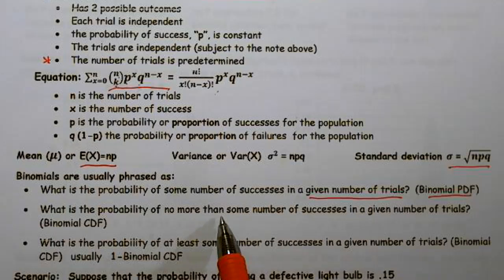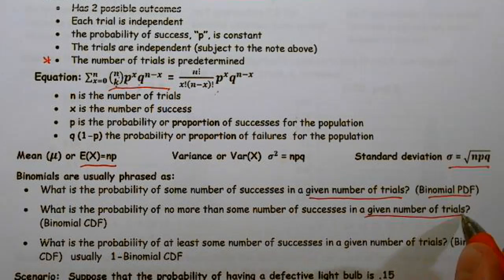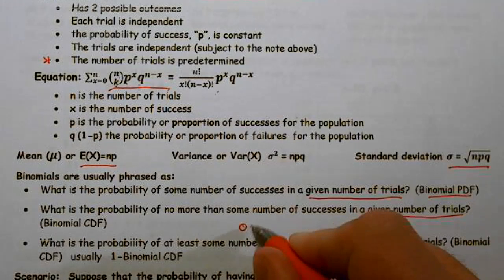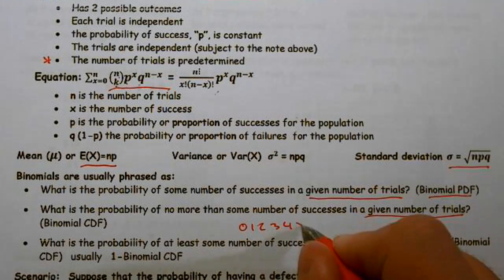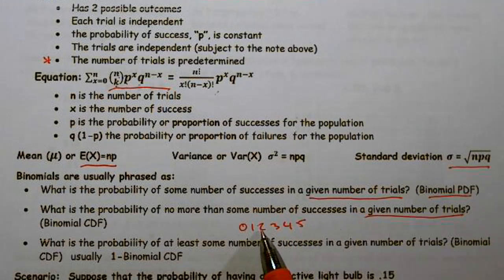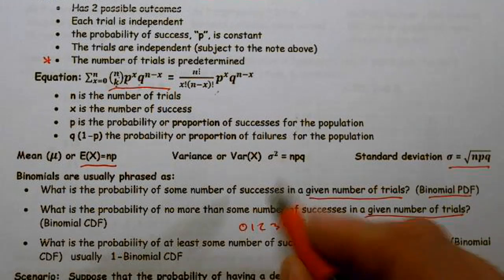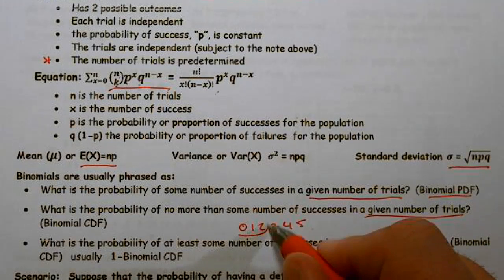What is the probability of no more than some number of successes in a given number of trials? Again, given number of trials lets me know that this is binomial. No more than some number of successes means that I can have multiple successes. So if I had 5 trials, I could have 0 successes, 1 success, 2, 3, 4, or 5, and no more might mean no more than 2.